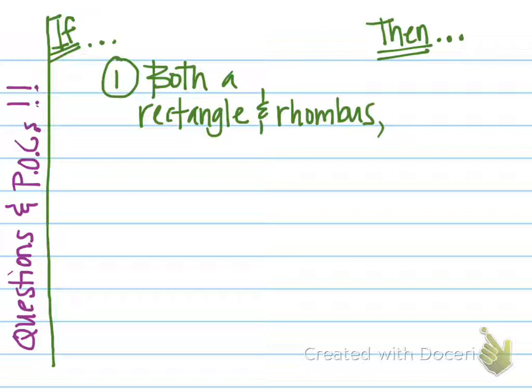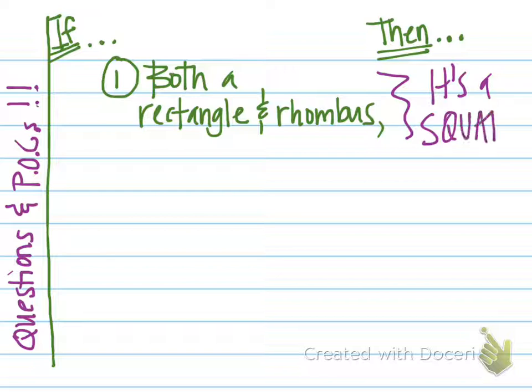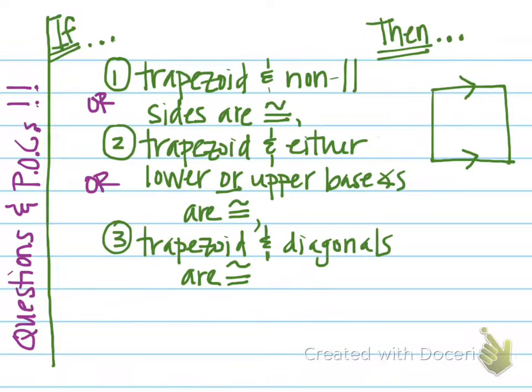If you can prove or show one from each of those, then you have a square. So those are the parallelogram family proving tests.